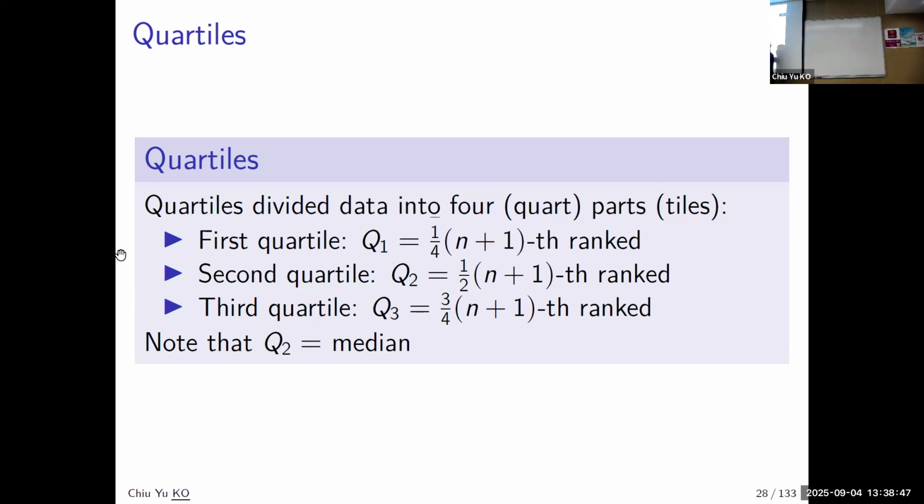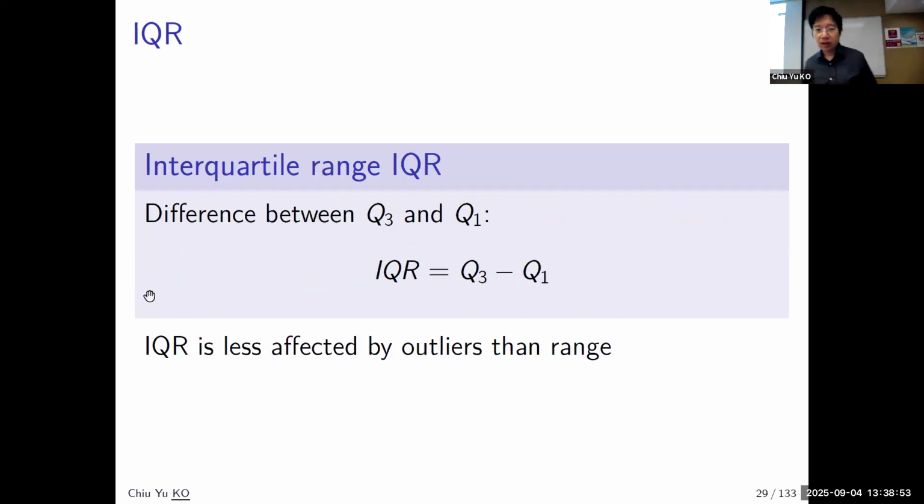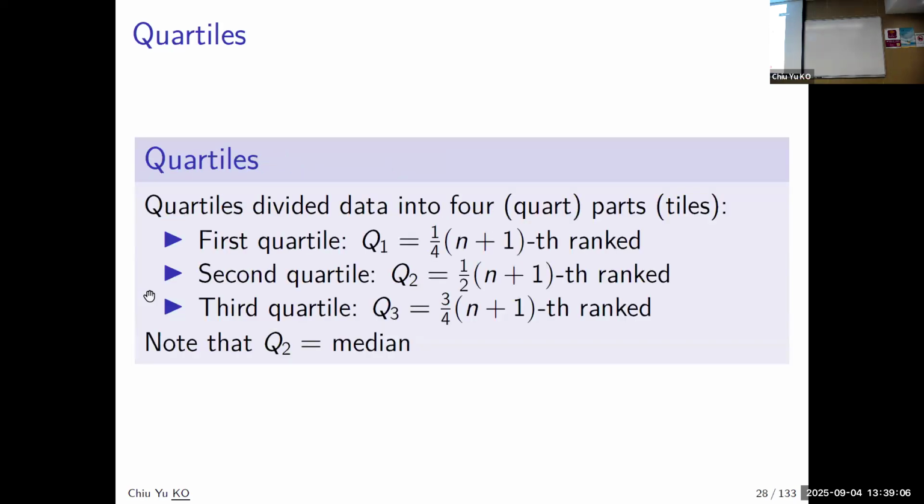That is the idea, right? Because if the data is spread out, the quartiles are also spread out. So we define the IQR as the difference between the two quartiles.